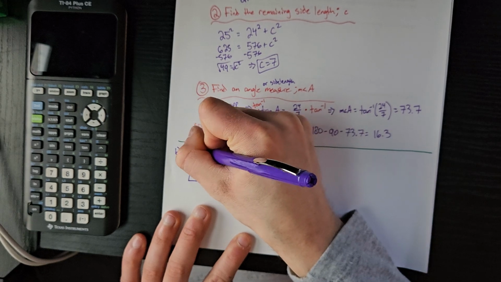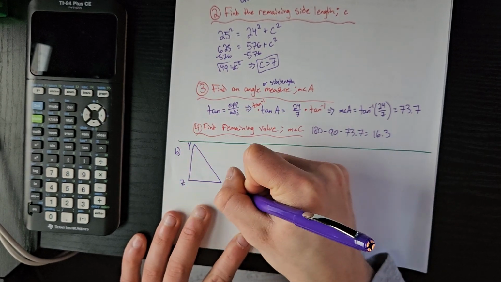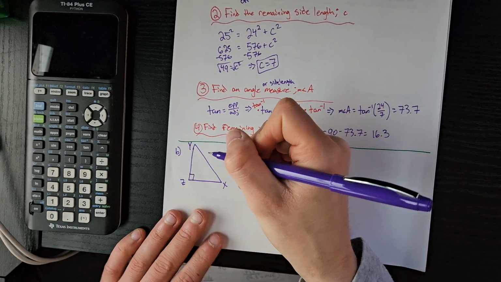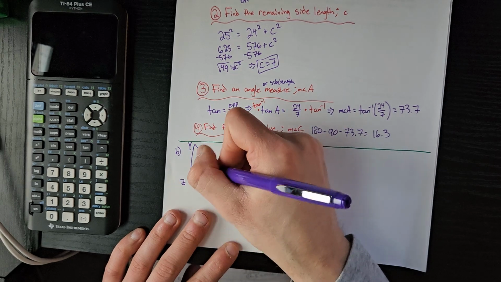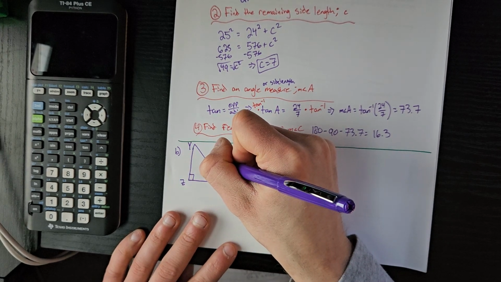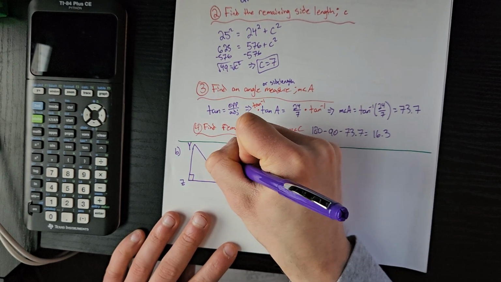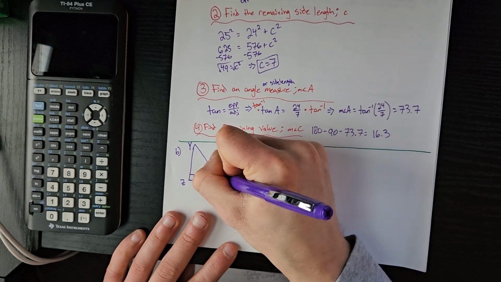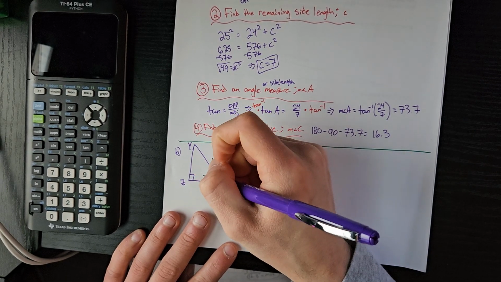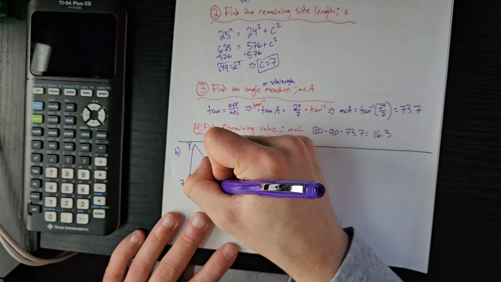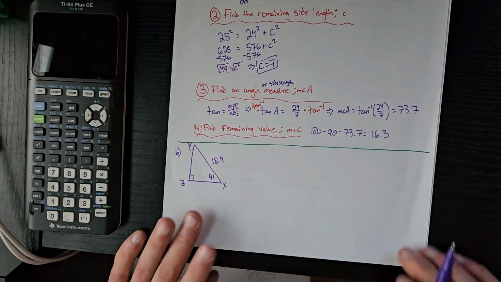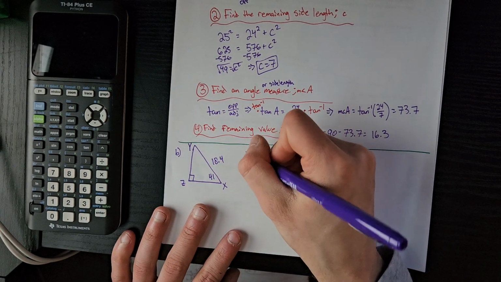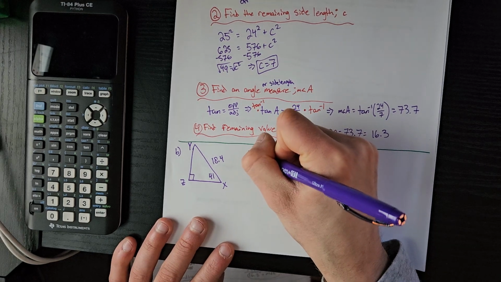So this is going to be the triangle YZX. It's a right triangle. What are we given? I'm given 18.4 and 41, and I want to find out everything else. So we're going to list off what we need to find.